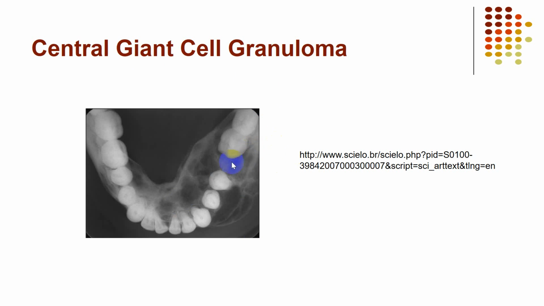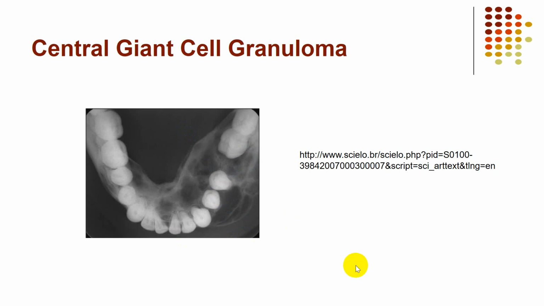So in this case, I will include ameloblastoma in my differential diagnosis, central giant cell granuloma, aneurysmal bone cyst, and central hemangioma. OKC maybe will be lower on my priority list because it is expanding buccally and lingually, and OKC rarely expands in these two directions. It's usually anterior-posterior growth.